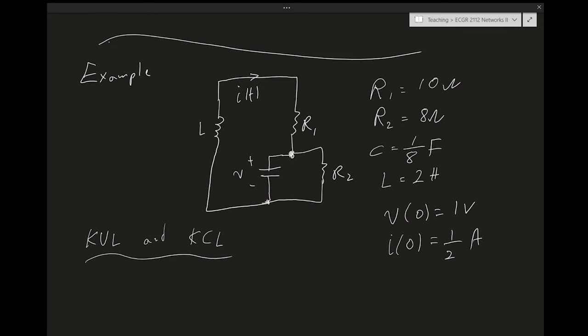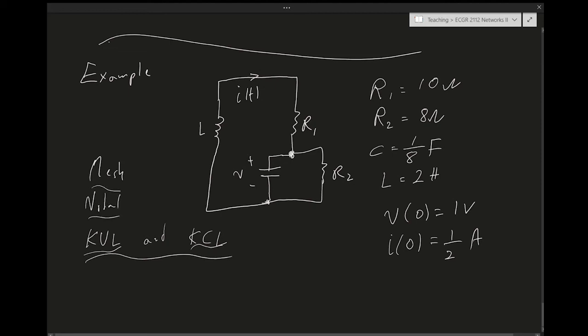There's no hard rule on what method to use. You have to explore the different available methods. The simplest methods we could use, of course, are KVL and KCL. If it was a more complicated circuit, you might consider using mesh analysis or nodal analysis, and so on and so forth. Okay, but let's use KVL.